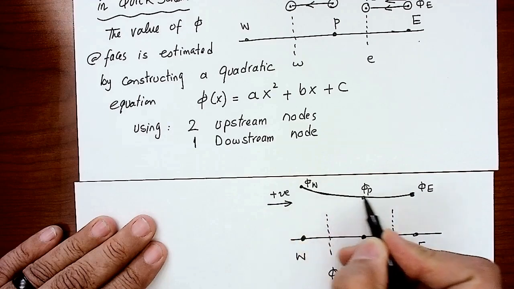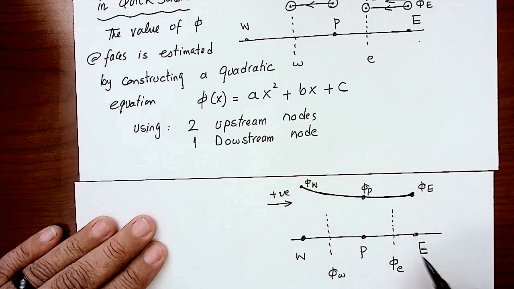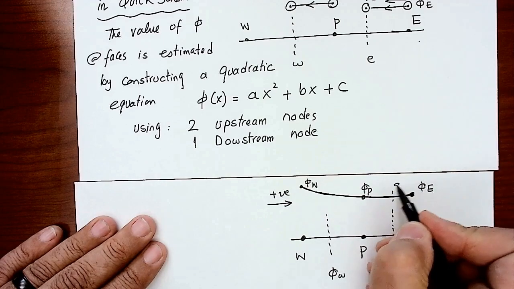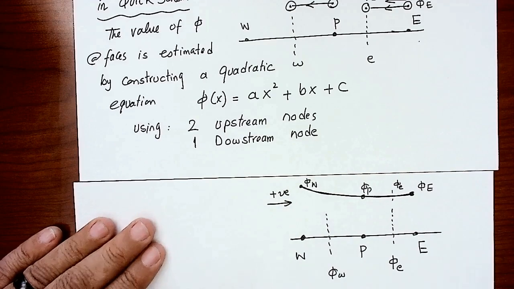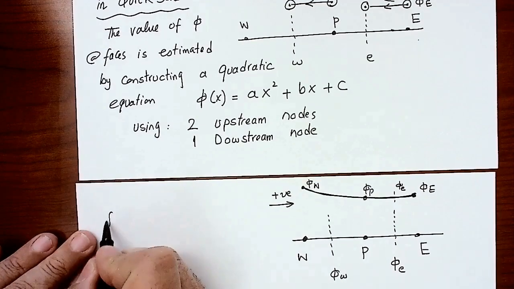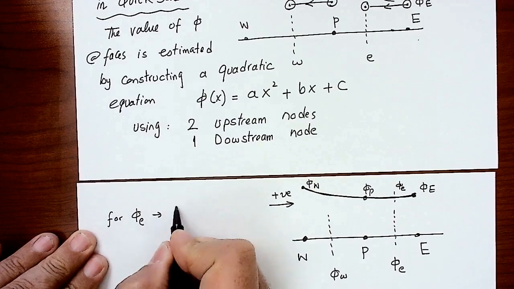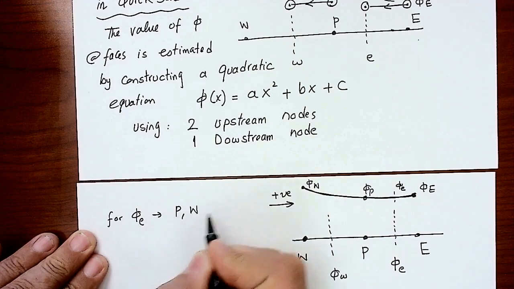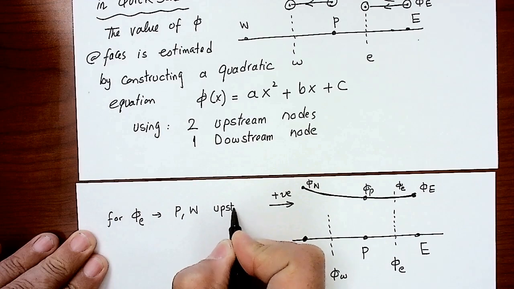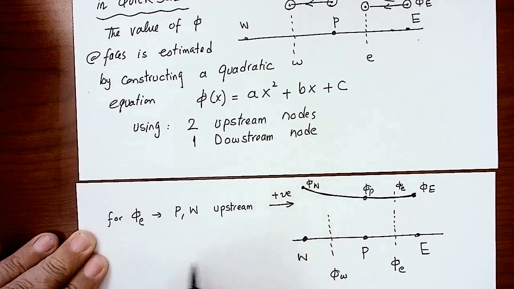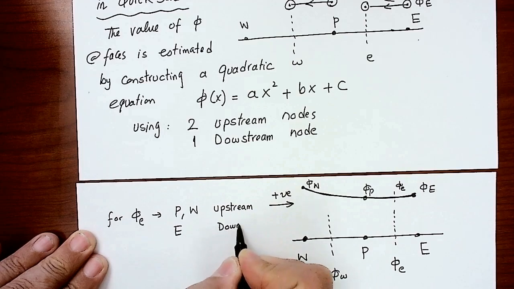Then when I know what this equation looks like as a function of x, I'm going to substitute the coordinate x of the east face. Then I will find the value of phi east. So for phi east, P and W are the upstream nodes, and E is the downstream node.